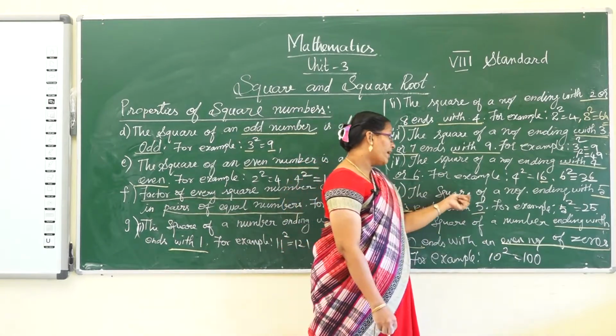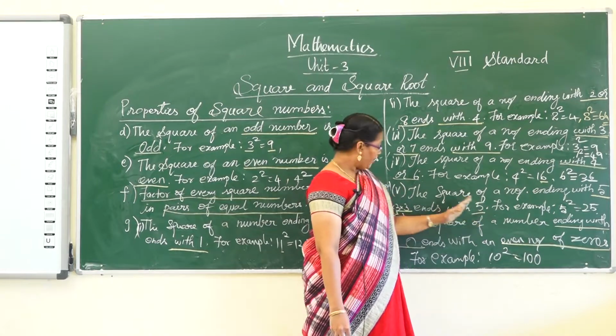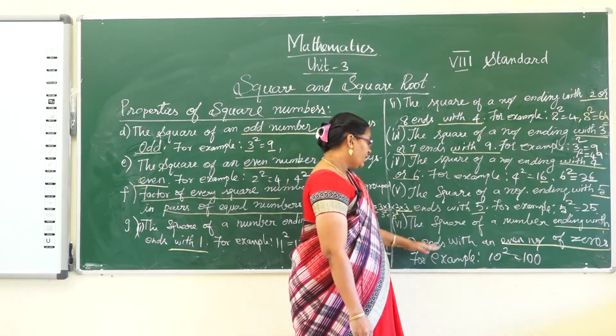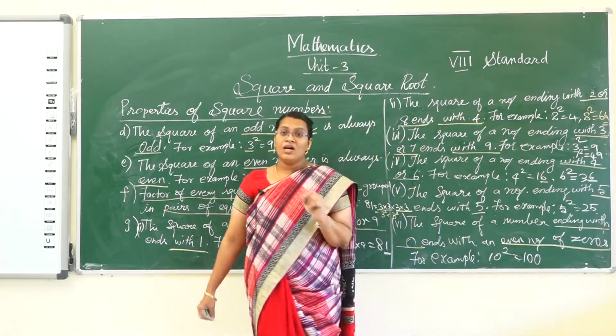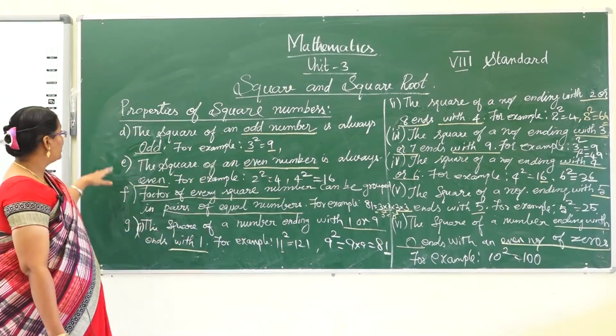The square of a number ending with 5 ends with 5, and the square of a number ending with 0 ends with an even number of 0s.